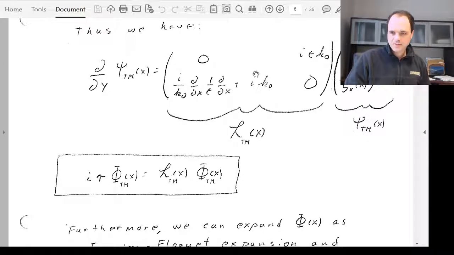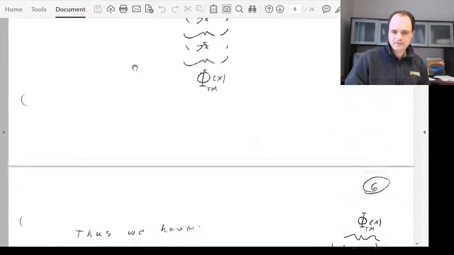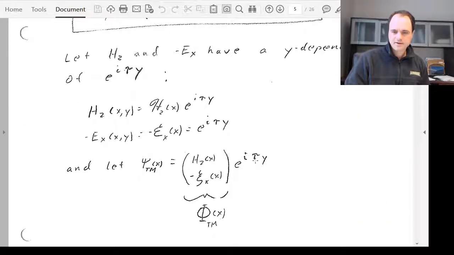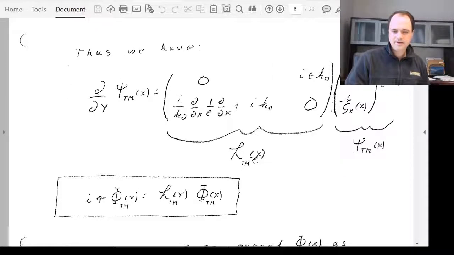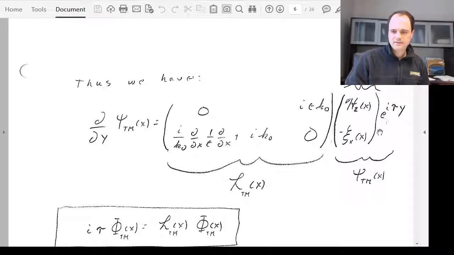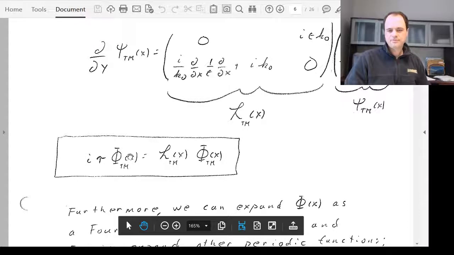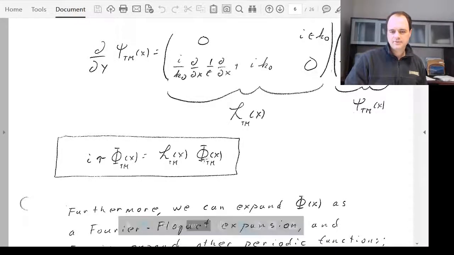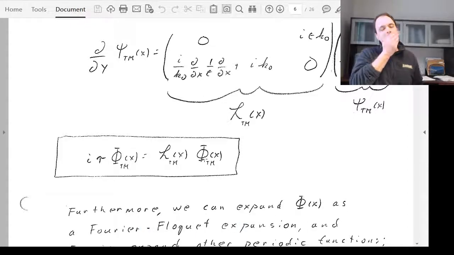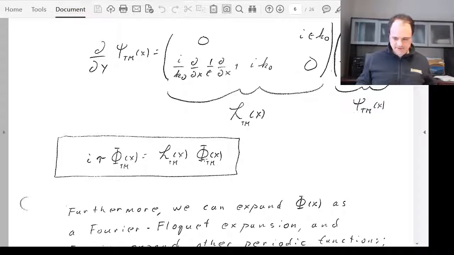Now, what we can do here is take this y dependence right here, take the partial with respect to y, then cancel on both sides this y dependence, and you will have i tau phi is equal to L, this matrix, times phi. All right. So far, so good. Nothing all that difficult.